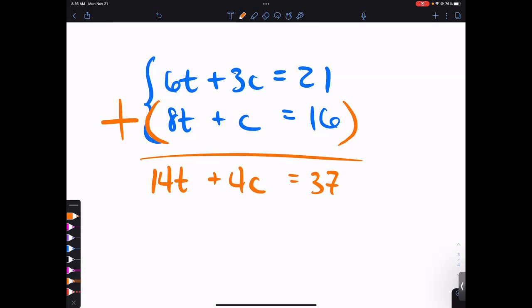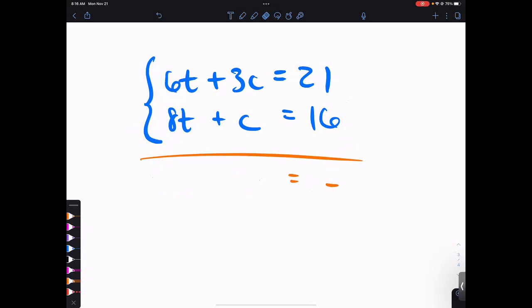What would I like to have in here? Yes, I would really like it if one of them went away, if either T or C dropped out when we did that. Well, look at the coefficients, 6 and 8, 3 and 1. Whether I add or subtract, neither of those is going to drop out, unless we do something to it first.